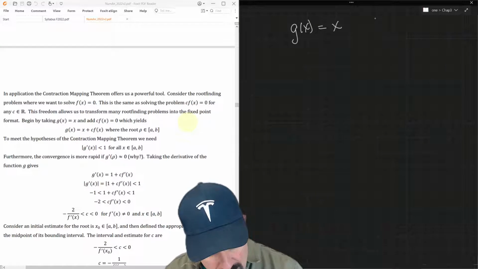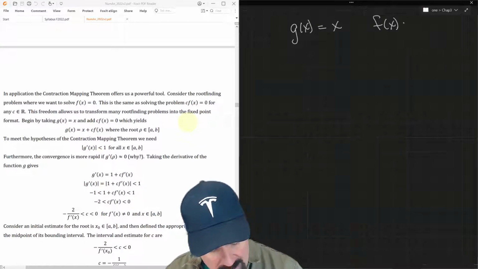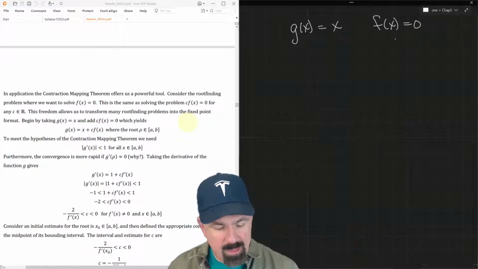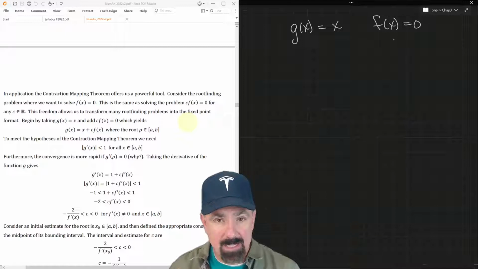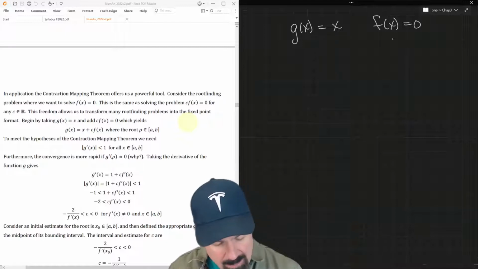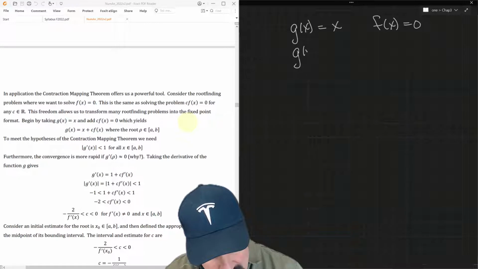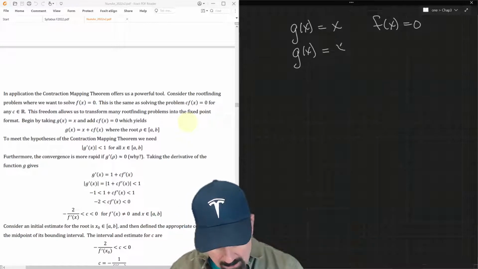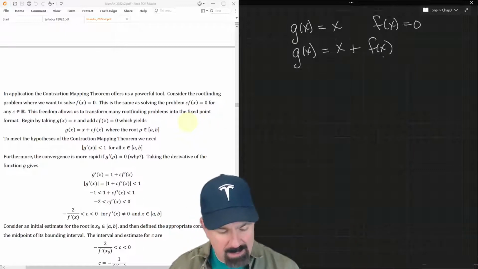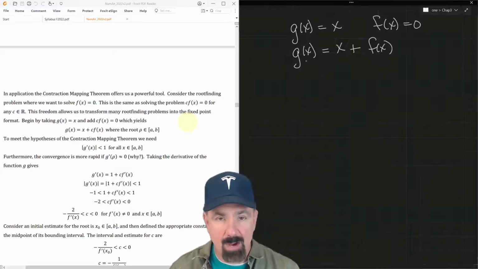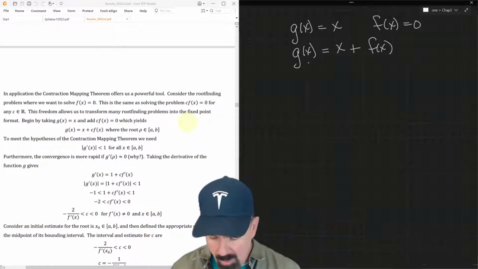Well, if I'm also looking for f(x) equal to 0, then I can put these two ideas together. And what I have is g(x) is equal to x plus f(x), because I can add 0 to both sides of my fixed point equation.